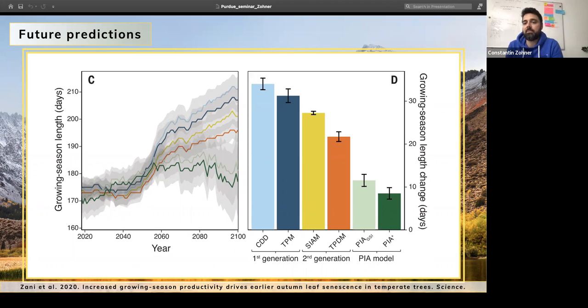And this perfectly matches the actual trends we see at the moment, where spring leaf out is strongly advancing, whereas autumn senescence is not really changing.